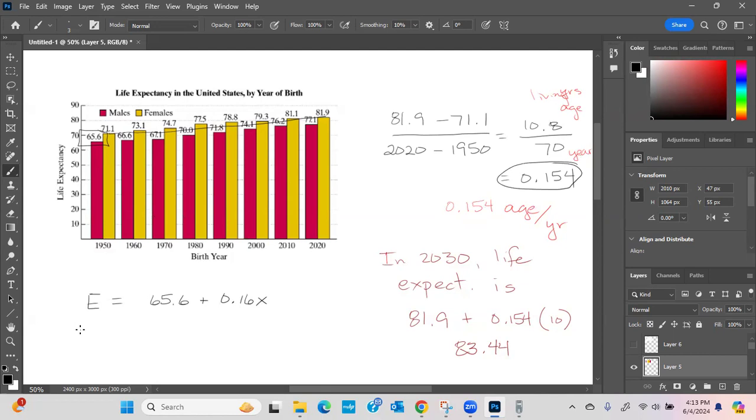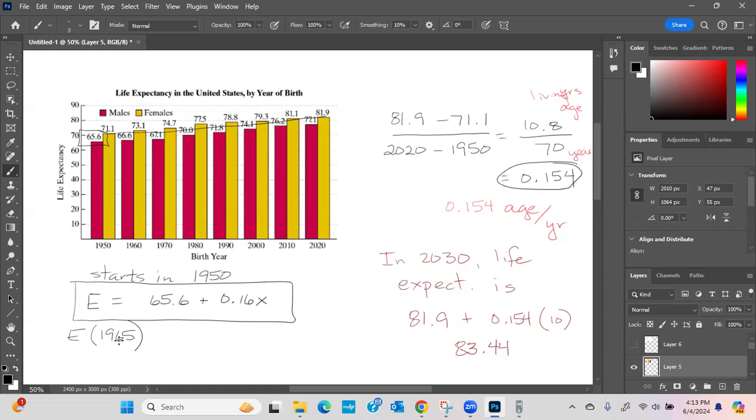So now what would the life expectancy be in 1965? Notice this life expectancy model, this mathematical model, starts in 1950.